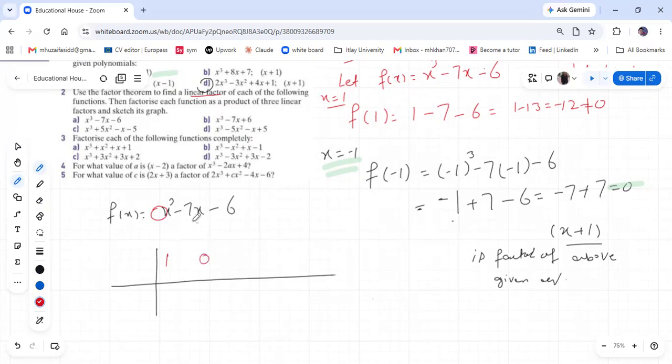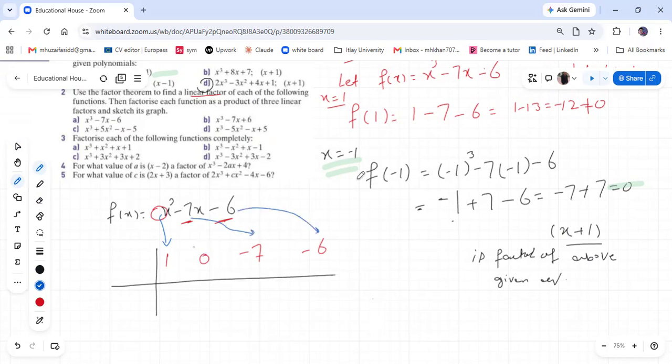After this, we move to the x term, which is minus 7. After this, the next one is the constant term. Got it? So this is 1, 0 for the x squared, minus 7, and minus 6.